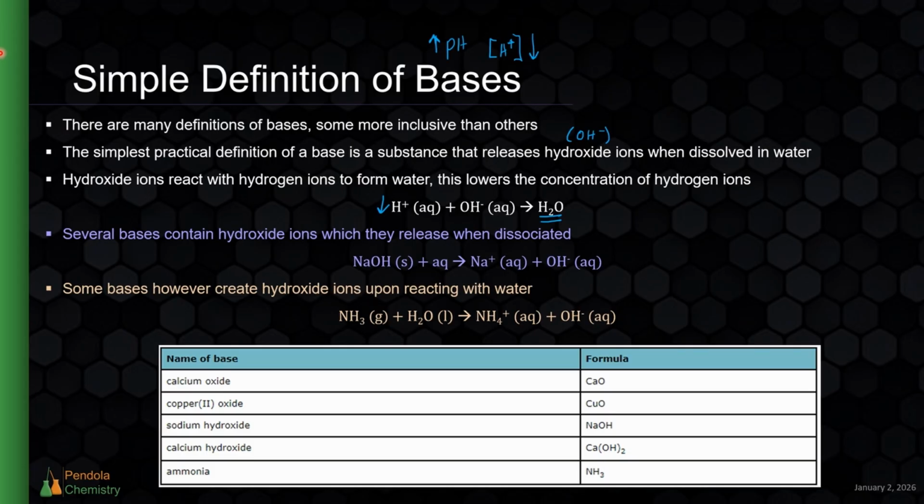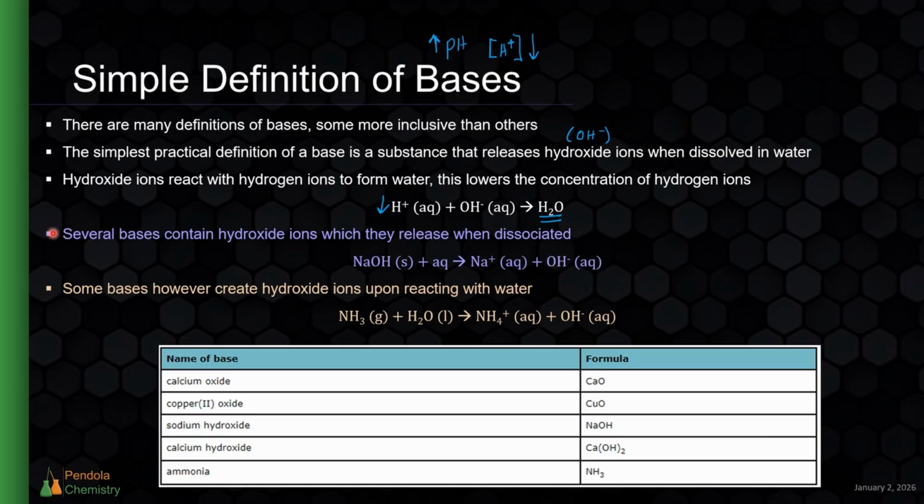So most alkalis and a lot of bases contain hydroxide ions directly, like sodium hydroxide, which is an alkali, contains hydroxide ions directly, and we can write the dissociation as the alkali separating into the sodium ions, in this case, or whatever the cation is, and the hydroxide ions.